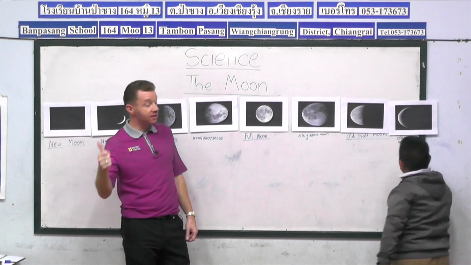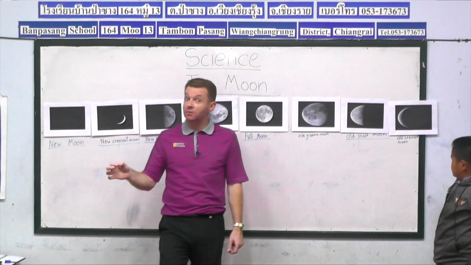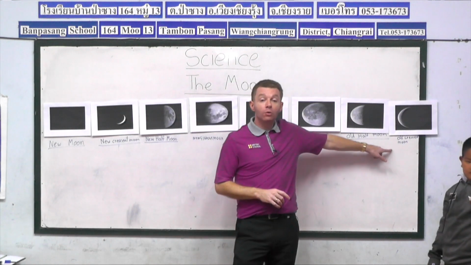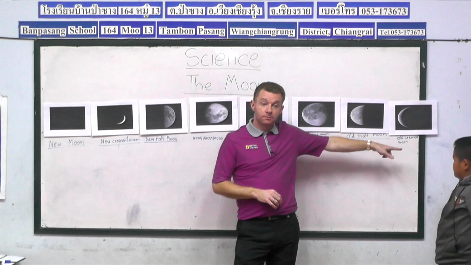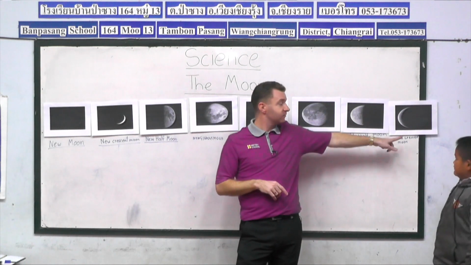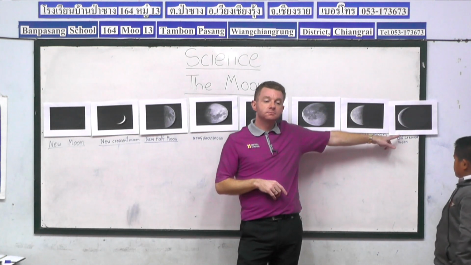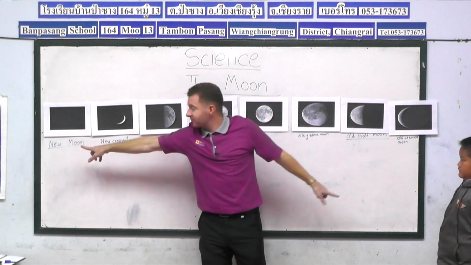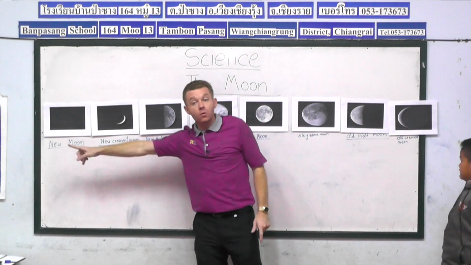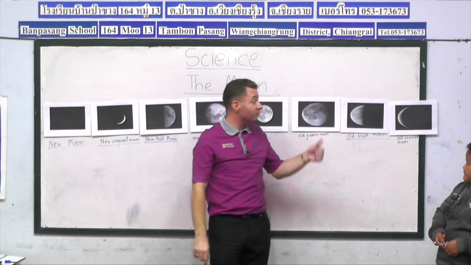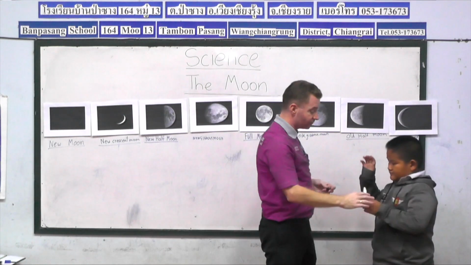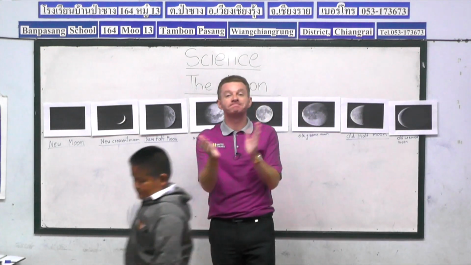M-O-O-N. Brilliant. So the final phase of the moon is old crescent moon. And then what happens after this phase? What comes next? Goes back to the start, to the new moon. And then the lunar cycle completes again. But Net, that was brilliant. High five. Big round of applause for Net, please, guys.